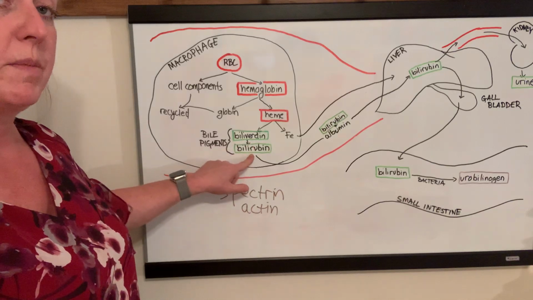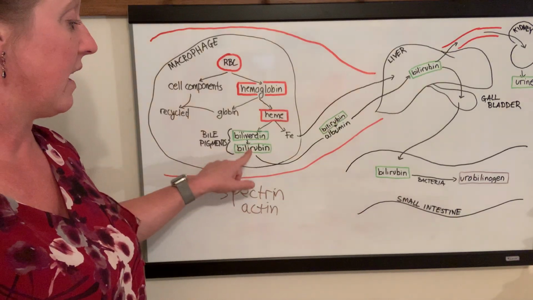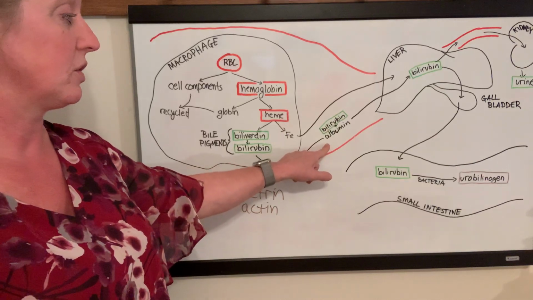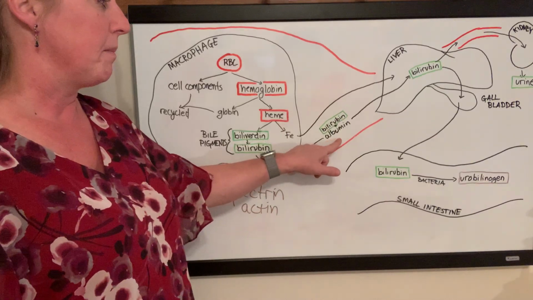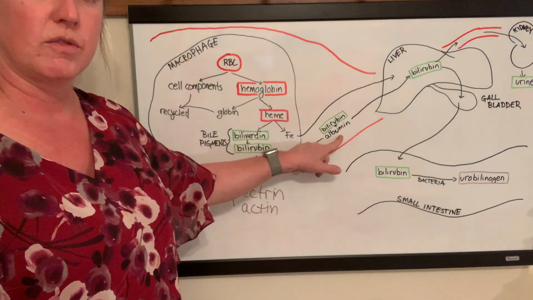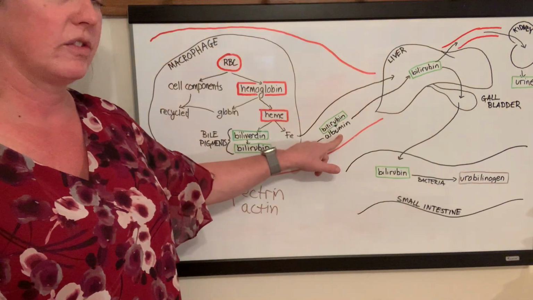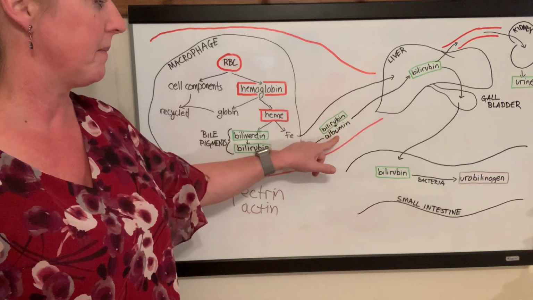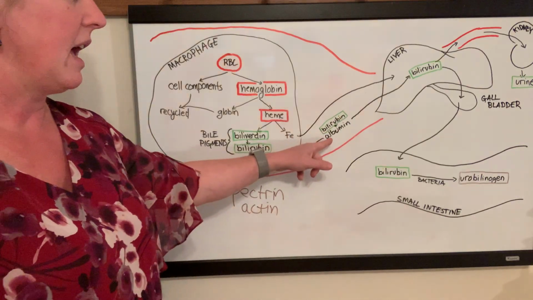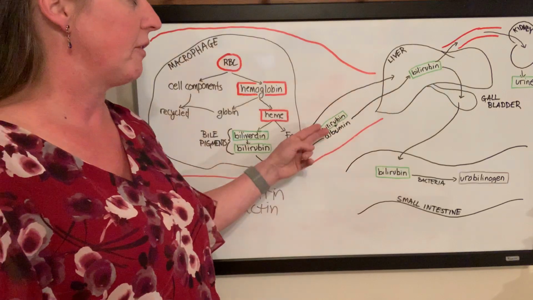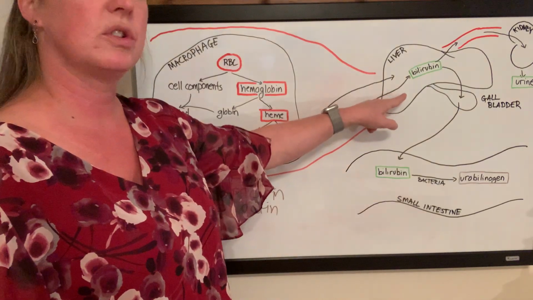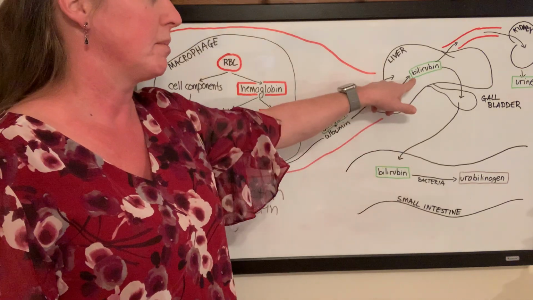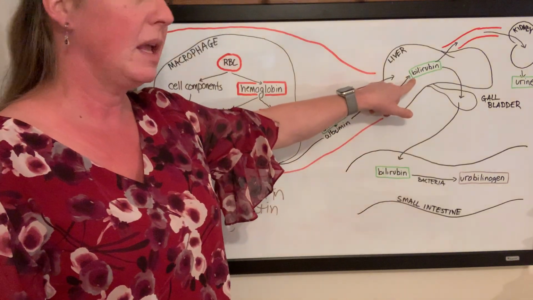Now this bilirubin is sent out of the macrophage into the bloodstream, into the plasma, where it binds with albumin. It has to ride on albumin because it's not soluble in the water part of the plasma. So this bilirubin albumin complex travels through the bloodstream, goes to the liver, and the liver pulls off the albumin and now has just the plain bilirubin.